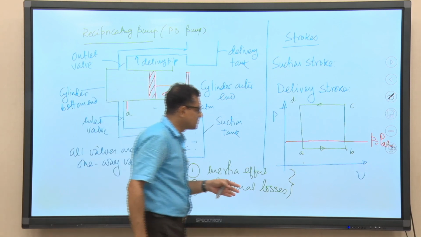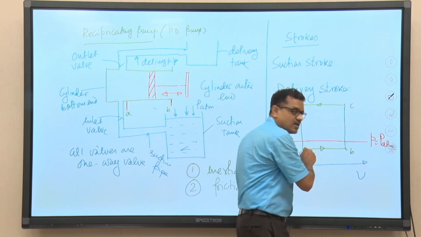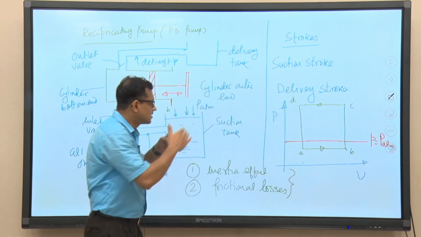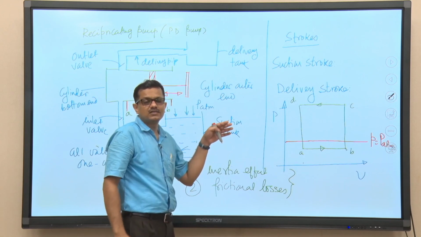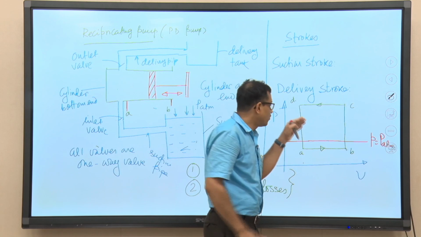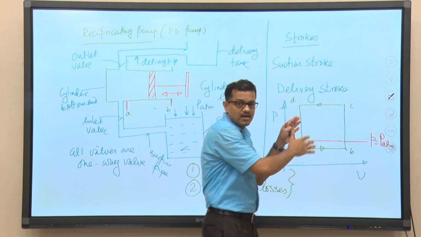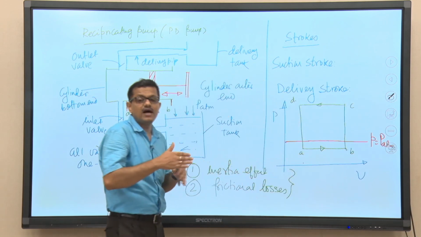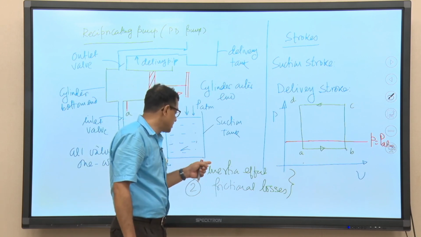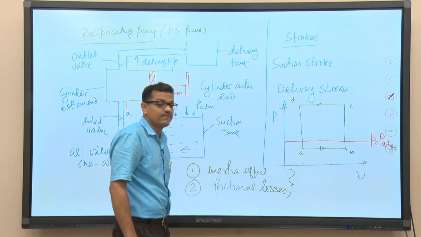So, the pressure at point B will not be equal to the pressure at point A. This simplified diagram is good for understanding, but we need to modify it taking several other effects into consideration. The first is the effect due to inertia and the second is frictional loss.